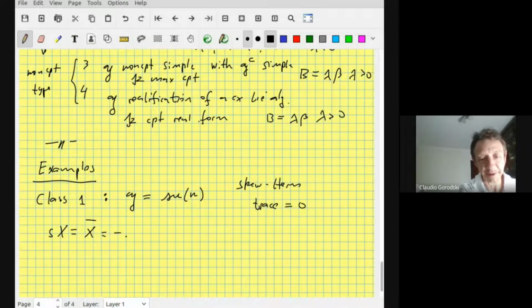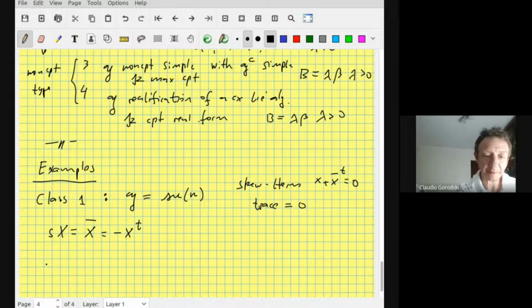Because skew-Hermitian means X plus transpose conjugate is 0, right? So this involution is a linear map over R, an automorphism.